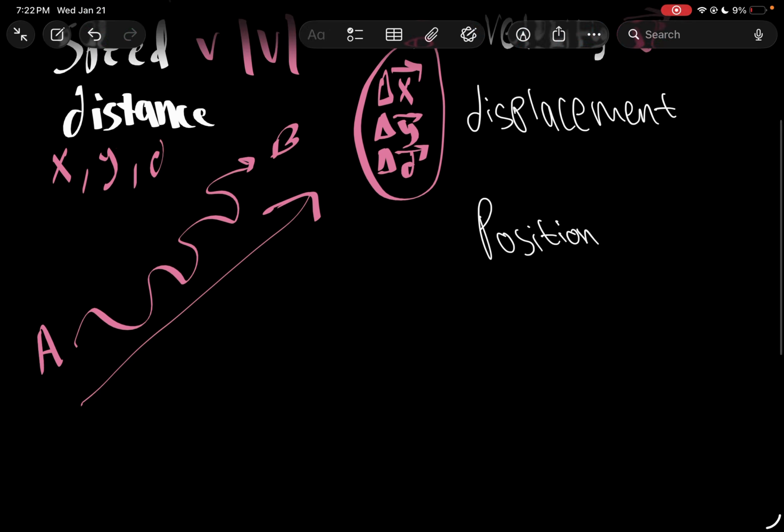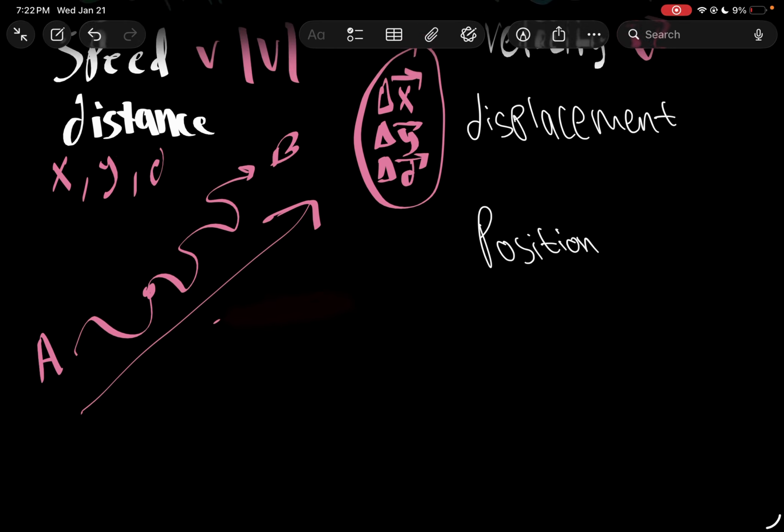Now, what about position? Well, position is how far you are from the origin at a specific point in time. So let's say after 5 minutes, you're at a position which is 100 meters from your house, 100 meters from A. Well, your position at 5 minutes is going to be 100 meters.